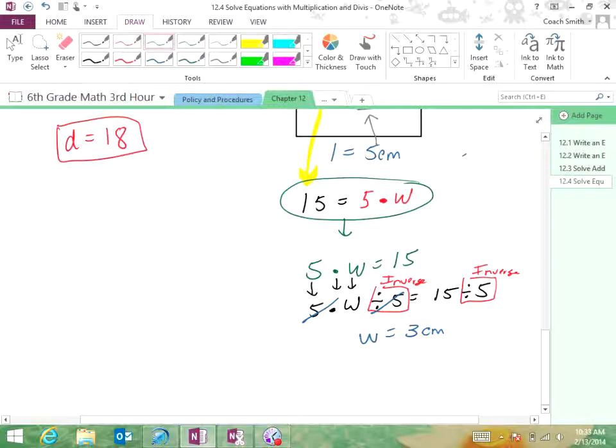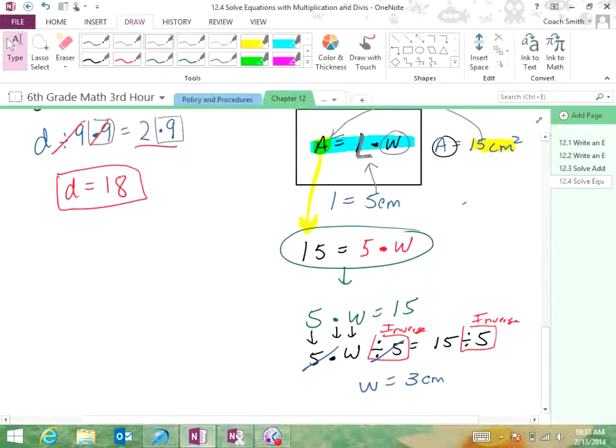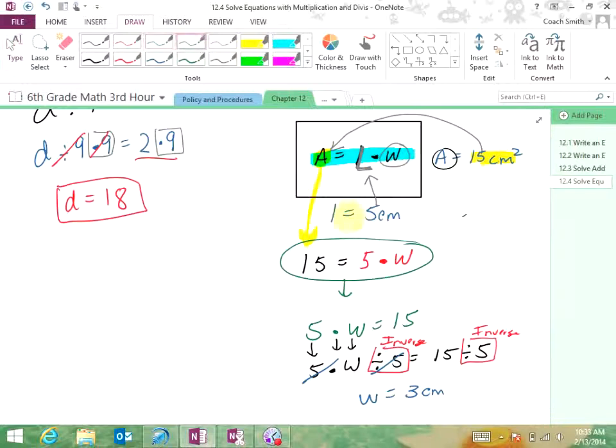Owen? How do you know which one's the length and which one's the width? Well, in this one, they told us right there. They'll tell you which one is the length, what they're giving you, either the length or the width. Is that in the book? Yeah. Is that a 1 or an L?